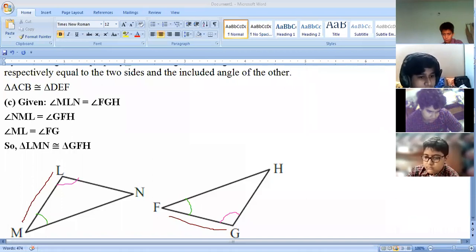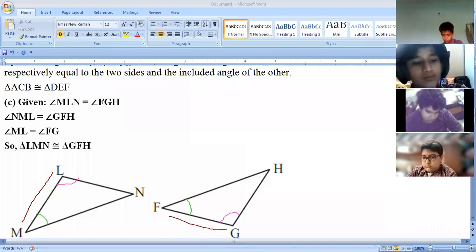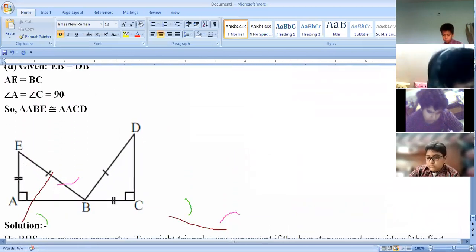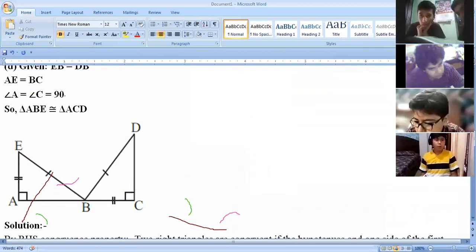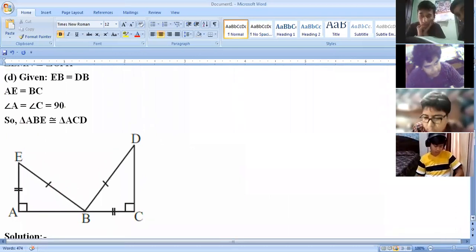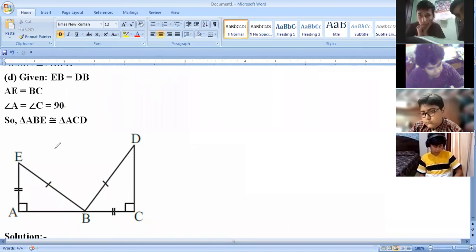Yes, ma'am. Chandrasekhar, read the next one. D part. Triangle ABG, triangle... Yes. So here he is talking about EB is equal to DB.